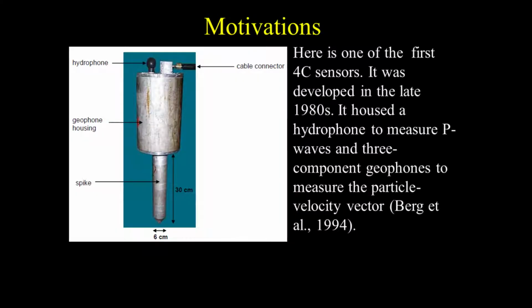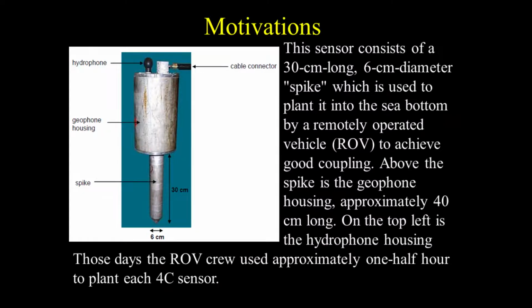Here is one of the first 4C sensors. It was developed in the late 1980s. It housed a hydrophone to measure pressure and 3-component geophones to measure the particle velocity vector. This sensor consists of a 30-centimeter long, 6-centimeter diameter spike, which is used to plant it into the sea bottom by a remotely operated vehicle, or ROV, to achieve good coupling.